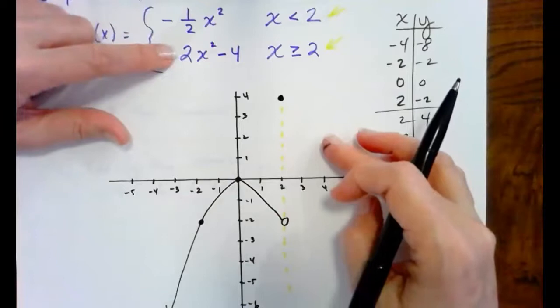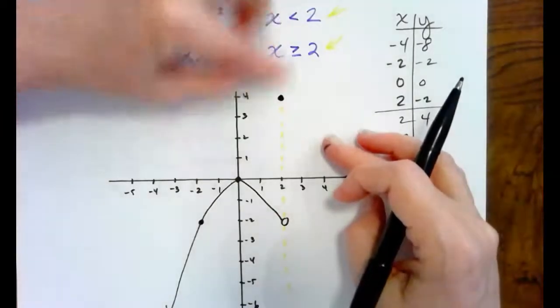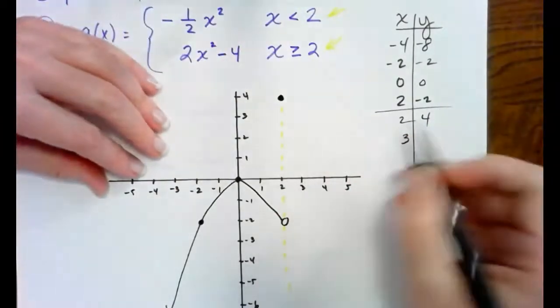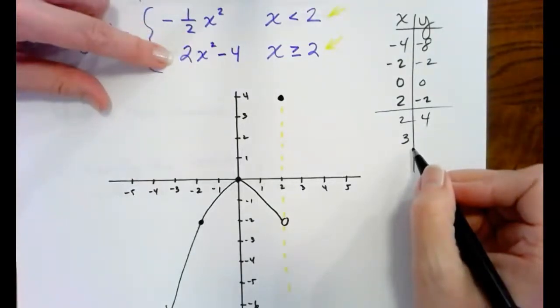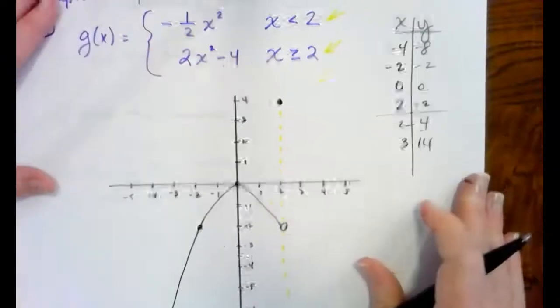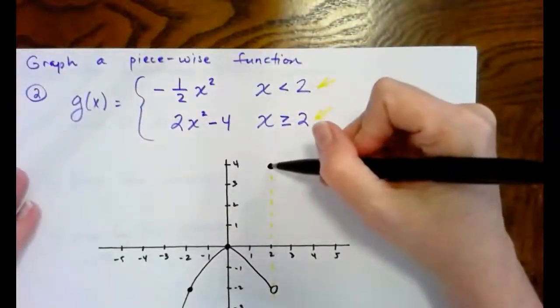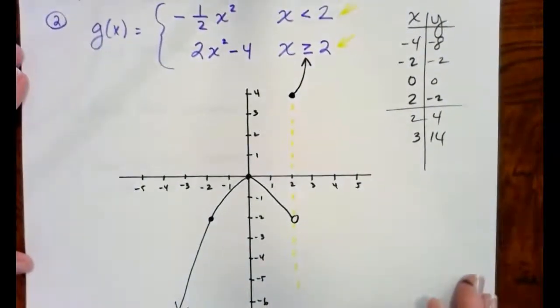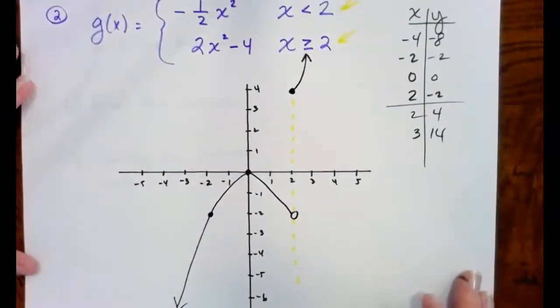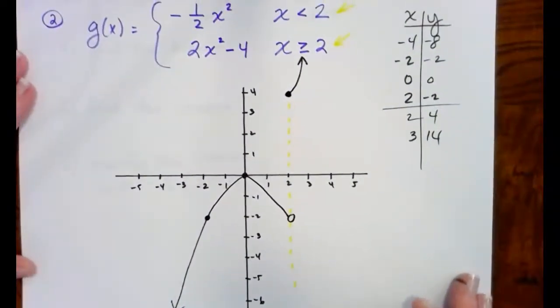This one has a vertical stretch, so it's going to get taller and skinnier. So when I put in a 3, 3 squared is 9, 2 times 9 is 18, 18 minus 4 is 14. So immediately this is going to take off in that direction and not even fit on my graph paper here. But that is what this piecewise function would look like.